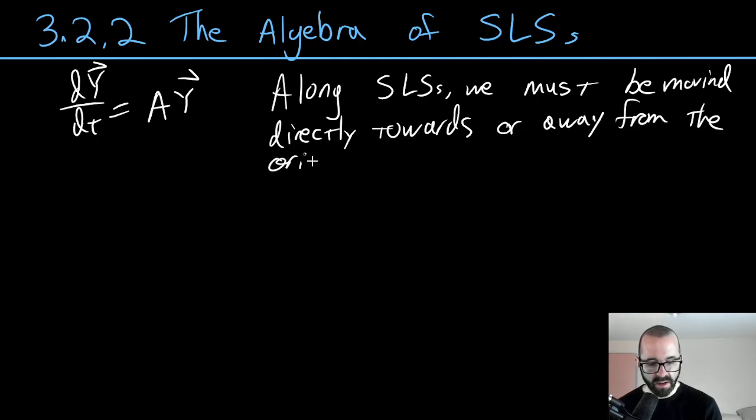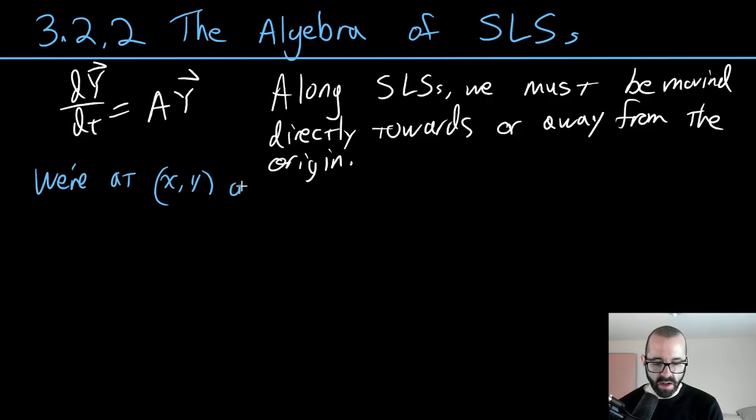Why? Well, let's write that down in math. Let's look at a point, maybe (x, y). So let's say we're at some point (x, y) on some straight line solution. Then the direction that we're moving, that's dy/dt.